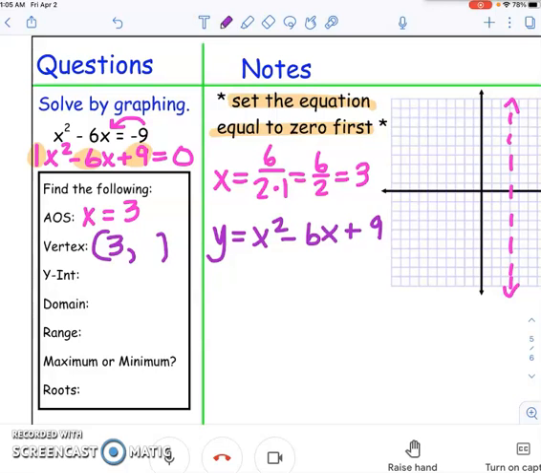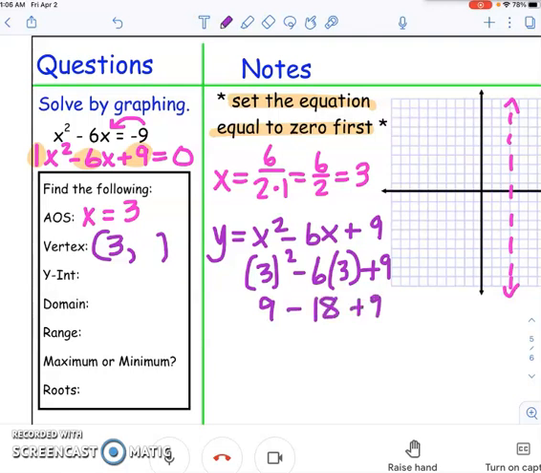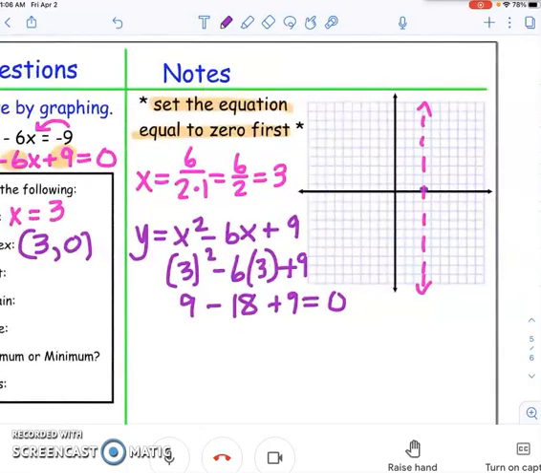So plug in my 3's. 3 squared minus 6 times 3 plus 9. So 3 squared is 9. 6 times 3 is 18. So 9 minus 18 is -9 plus 9. So that's 0. So 3, 0. So my vertex is right here. 3, 0.